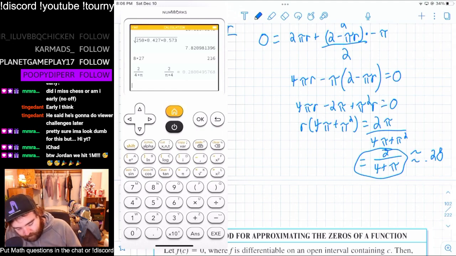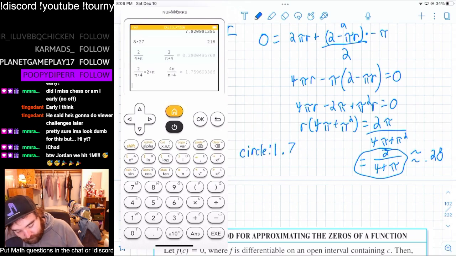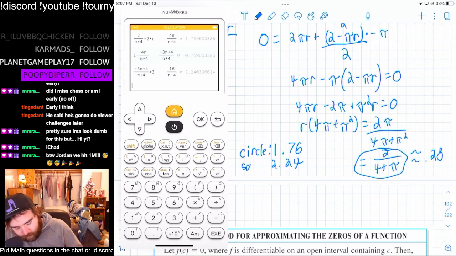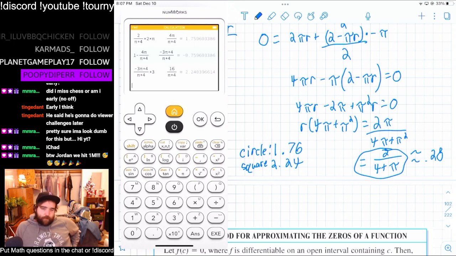So that times 2 times pi, so you're using 1.76 for the circle. And so 4 minus that, so you're using 2.24 for the square. But that's not right.